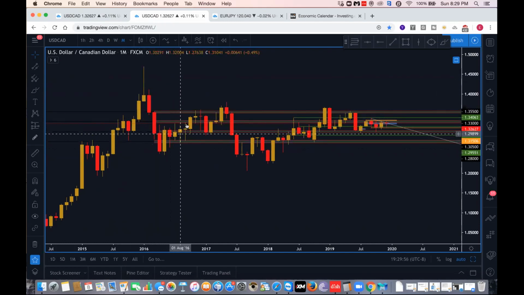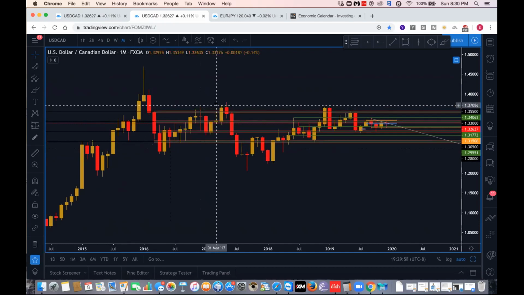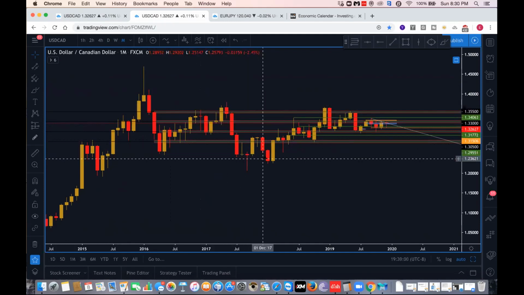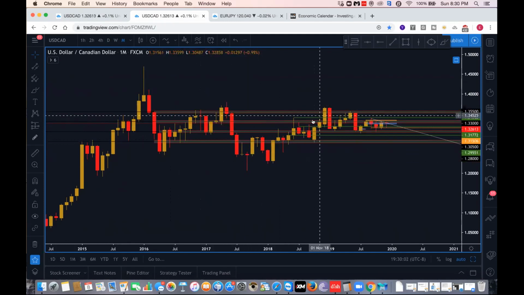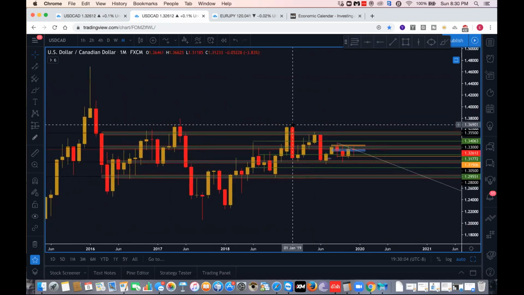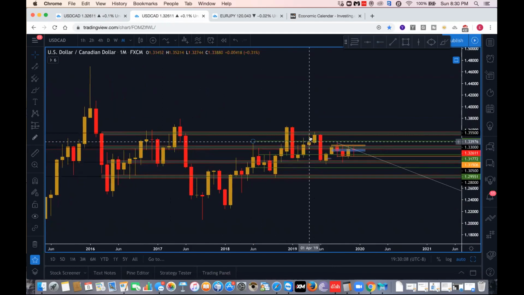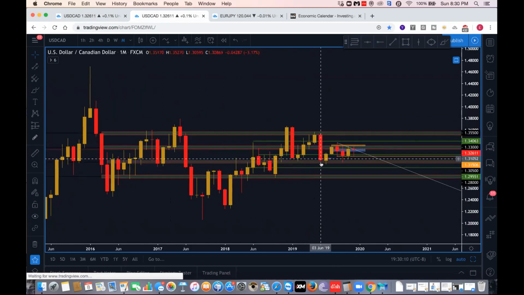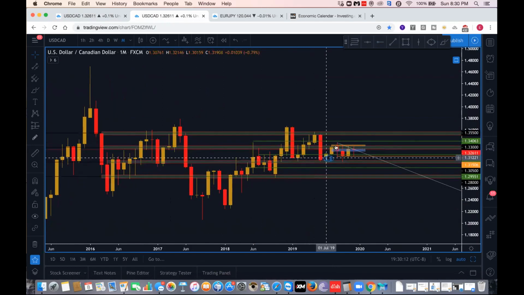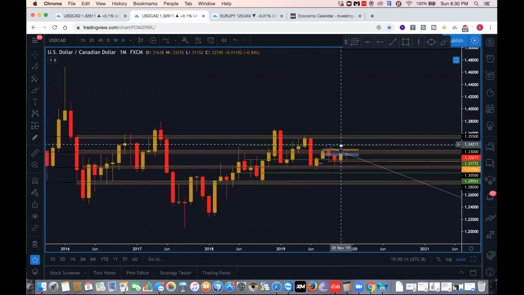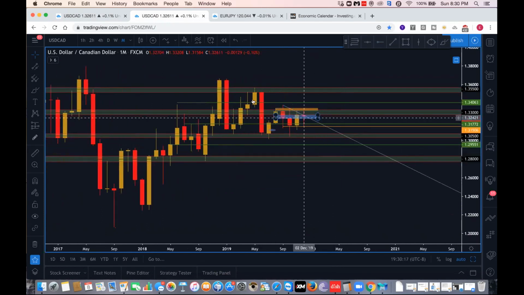Price pushes up, corrects, gives a strong bearish move. Pushes up, corrects, strong bearish move. So now we're in that pushing up, correcting phase, and we're just going to wait for that strong bearish move, possibly.